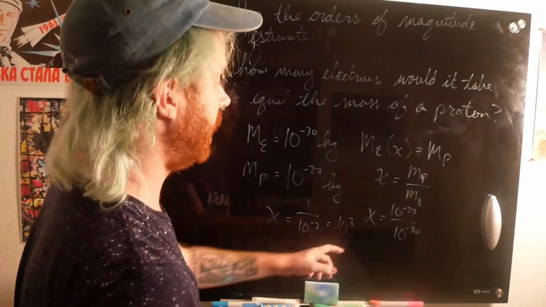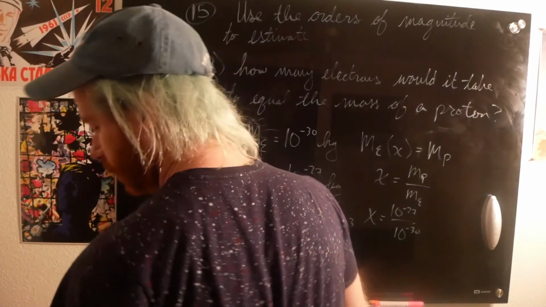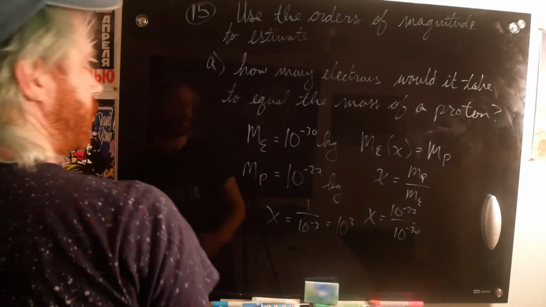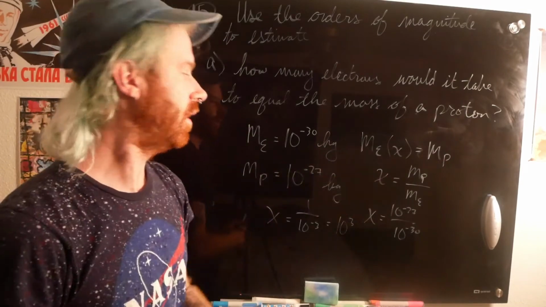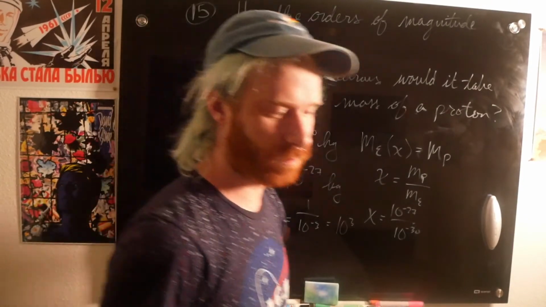So it's going to take 10 to the third electrons to make the mass of a proton, which is a pretty big difference. So I'm going to pause it and write the next question and keep going.